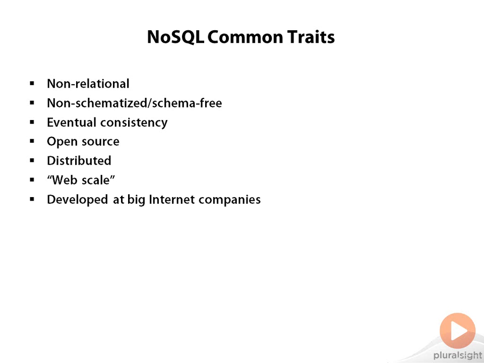And as such, you'll find that a lot of NoSQL databases have their heritage in projects at big internet companies like Yahoo and Google and Facebook, even LinkedIn. All of these are sites that had to pioneer the idea of building technologies that work well with these web scale scenarios. So it's not surprising that a lot of these products emanate from those kinds of companies.